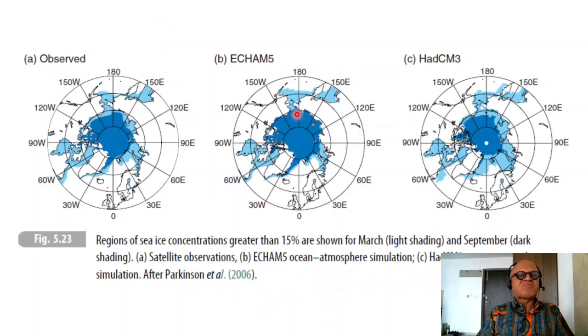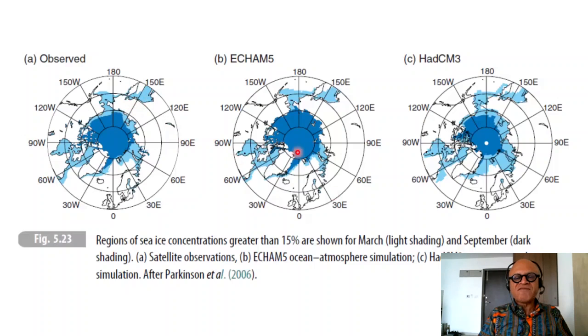Here is another example. So observed regions of sea ice concentration greater than 15% darkened here for March and September. So March is in lighter shade and September is in darker shade. Obviously at the end of the northern hemisphere summer, sea ice extent is at its minimum and the winter extent is maximum, so you can see that.